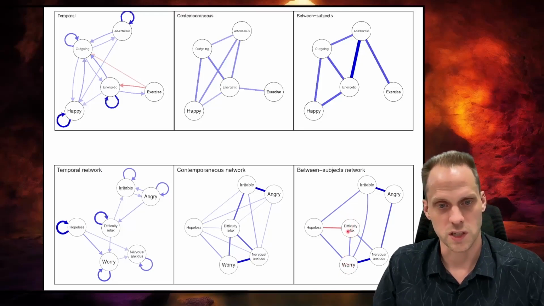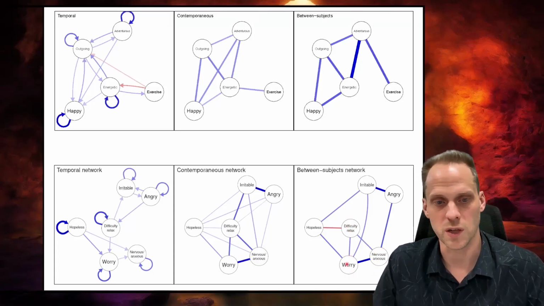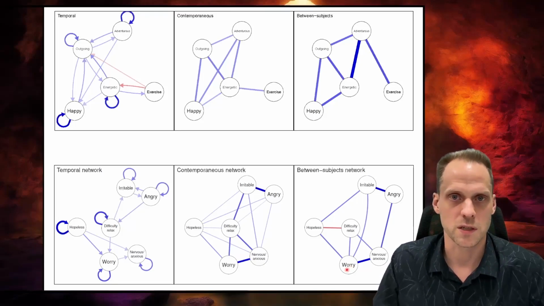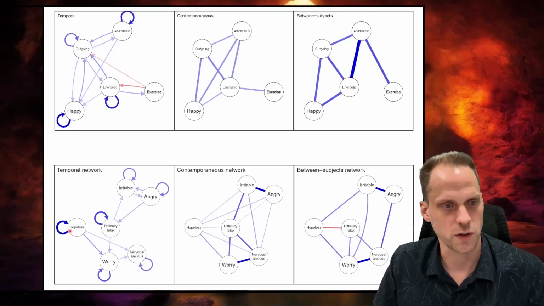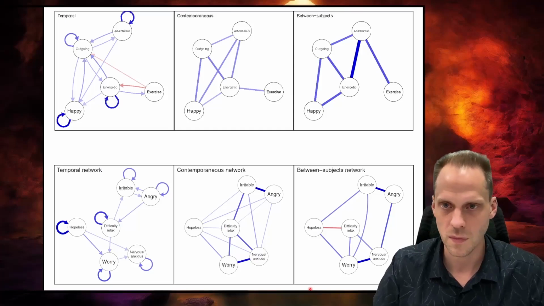And being a person that has a lot of difficulty to relax on average might also lead to being a person that worries a lot on average. I think that might make sense. And it's just to show that you can get some different results at all these levels, and they're all interesting to look at.